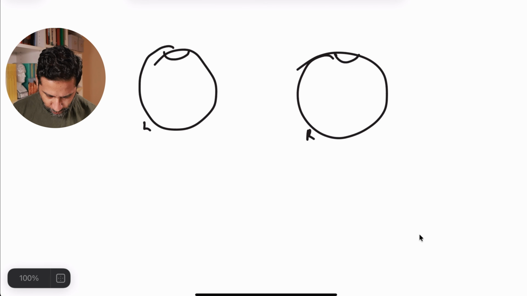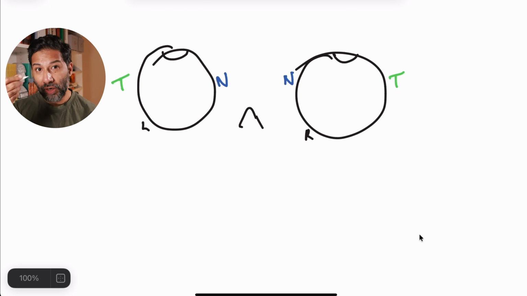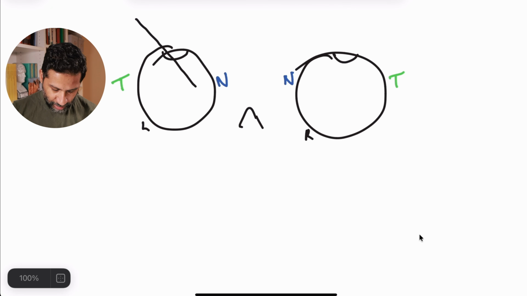This is our nose right here. So our nose is in the middle, and our eyes are looking out into the world. So we would call this side our nasal aspect, and we would call this side our temporal aspect. So when light comes in through the eye, light coming from the left side of the world hits the retina on the right side.